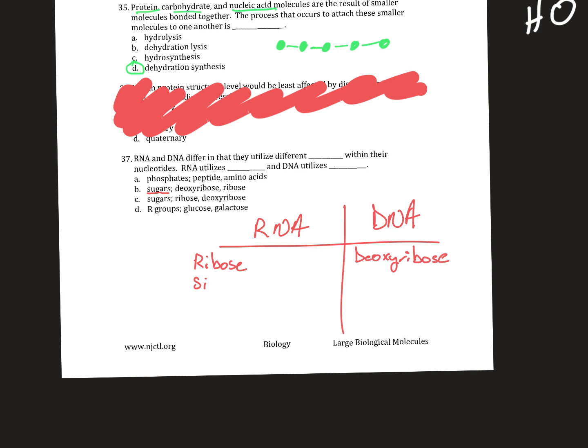RNA is single-stranded. DNA is double-stranded. RNA uses the nucleotides, those nitrogenous bases, A, G, C, and U. DNA uses A, G, C, and T.